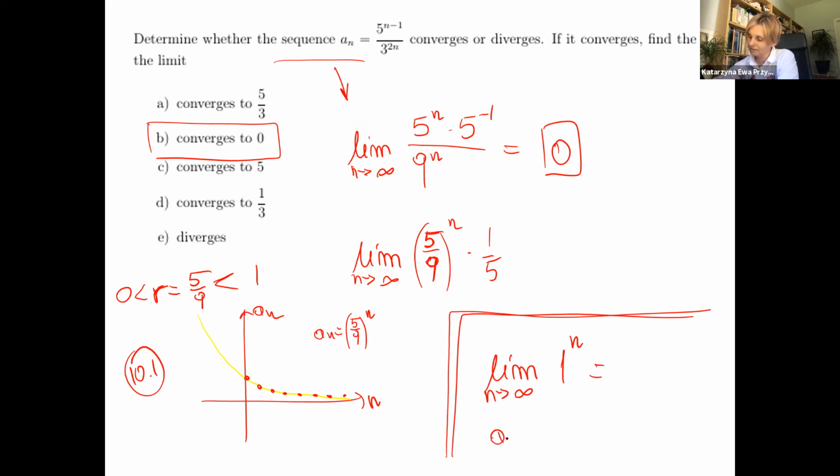Let's say this is a sequence. Who can tell me what this limit is? 1 to the power of 1, 1 to the power of 2, it is 1. That means the sequence is convergent, convergent to 1. Not divergent, it's convergent, but a sequence.